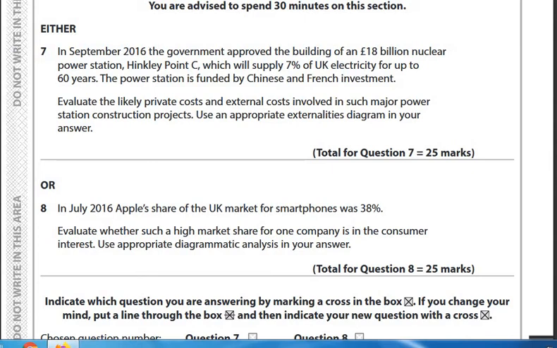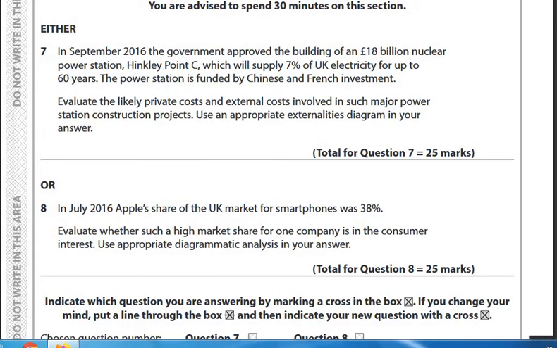So you're only supposed to do one of these questions. Look at the word there, either. Fortunately, I've not taught a student that's written an answer to both 7 and 8 so far. Hopefully that won't happen in the future. So you only need to answer one of these essays. They reckon 30 minutes. Yeah, it's extremely time pressured.